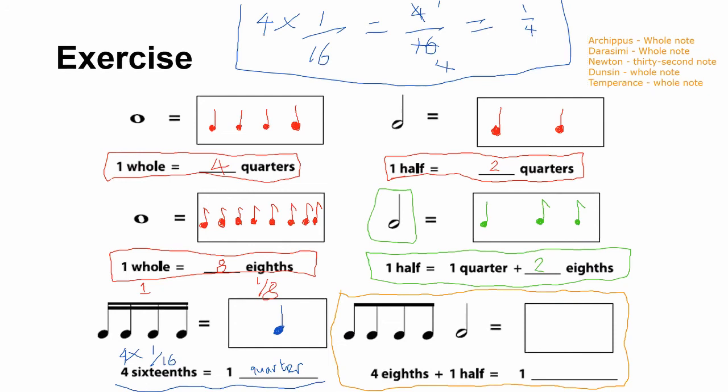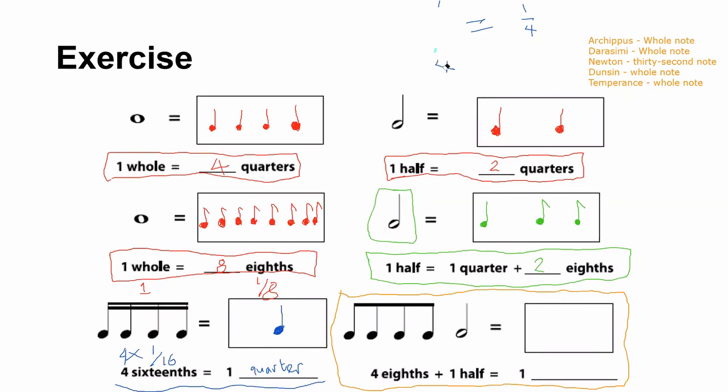All right. I'm going to clean this so that we have space at the top here. Okay, so the question is, when you have 4 8th notes in music, and the 4 8th notes look like this, plus you have the half note here, what is that equivalent to?